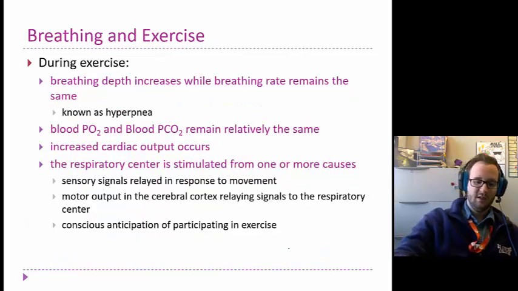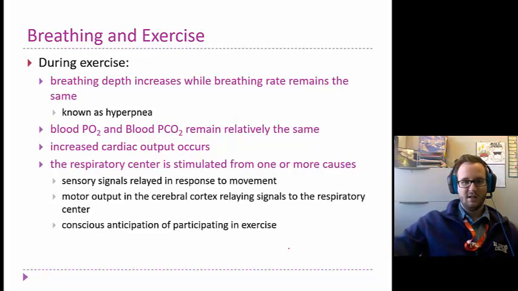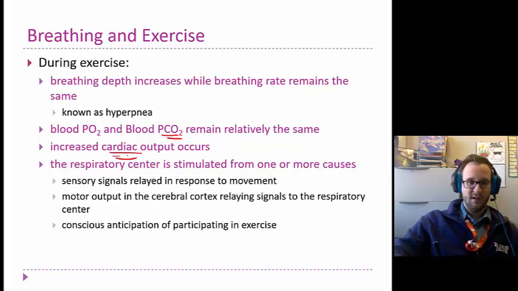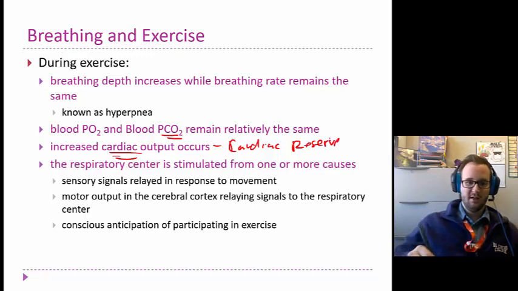So a lot of students believe that during exercise, your body is going to end up accumulating a lot of CO2. But what actually happens is your CO2 levels stay stable. And this is because your heart is going to increase the amount that it's pumping. So you increase cardiac output. Remember, this was known as cardiac reserve. And so you'll also increase your respiratory rate.